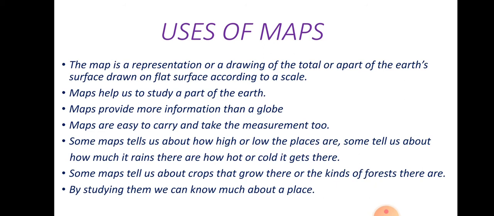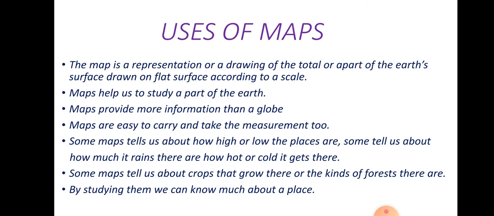Some maps tell us about how high or low the places are. Some tell us about how much it rains there, how hot or cold it gets there. Some maps tell us about the crops that grow there or the kinds of forests there are. By studying them, we can know much about a place.